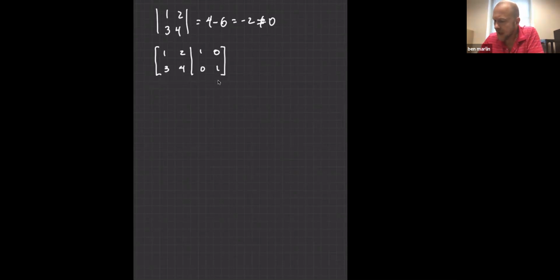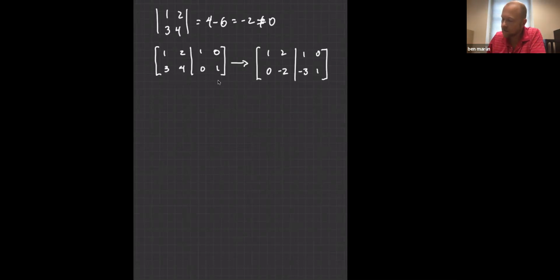I am skipping over huge amounts of theory here, I'm sorry, but what we're going to do is leave the first row alone, and subtract 3 times the first row from the second row to clear out under the pivot. So 0, -2, -3, and still 1.